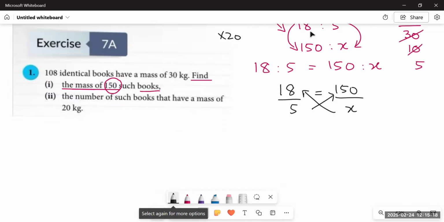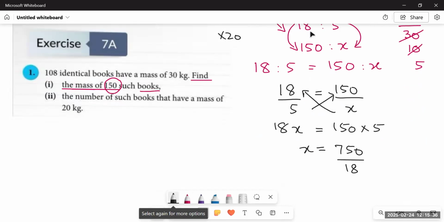For this, we are going to cross multiply them. It would become 18x is equal to 150 multiplied by 5. So 150 multiplied by 5 is equal to 750. So x would be 750 upon 18. And now I will simplify it.